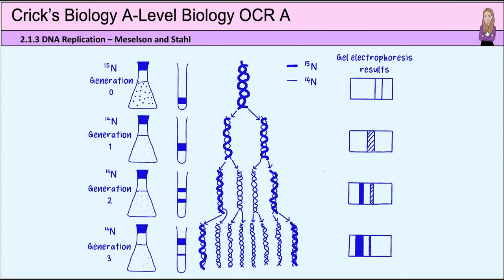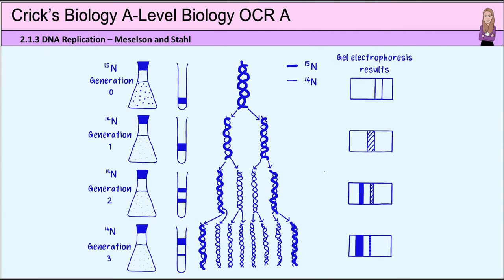In this experiment, Meselson and Stahl used nitrogen-15 and nitrogen-14 isotopes of nitrogen to show which nucleotides made up the strands in the DNA molecules. They decided to use these isotopes because they each have very distinct properties which enables them to be identified from one another. The nitrogen-15 isotope is heavier than nitrogen-14 because it has a higher atomic mass.